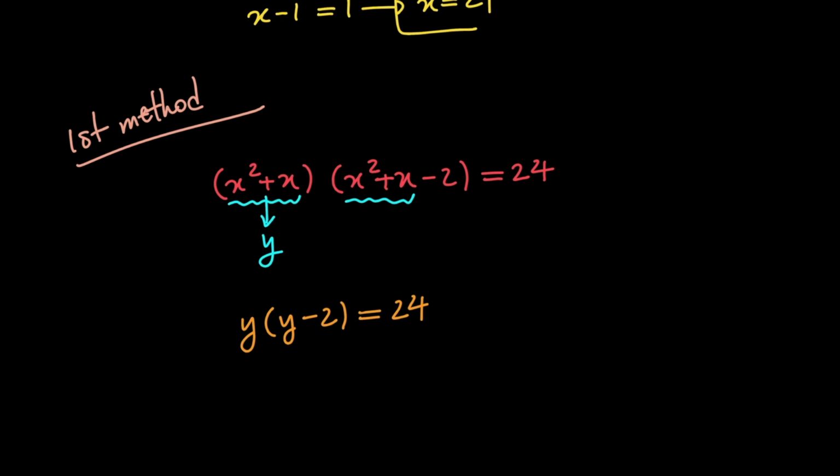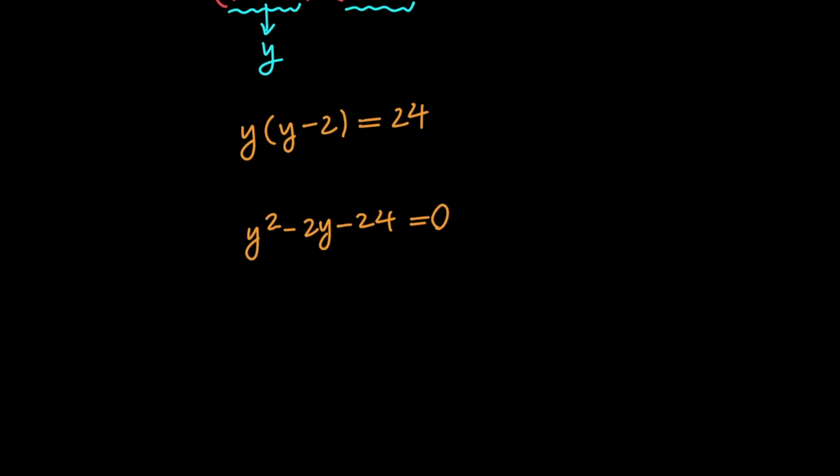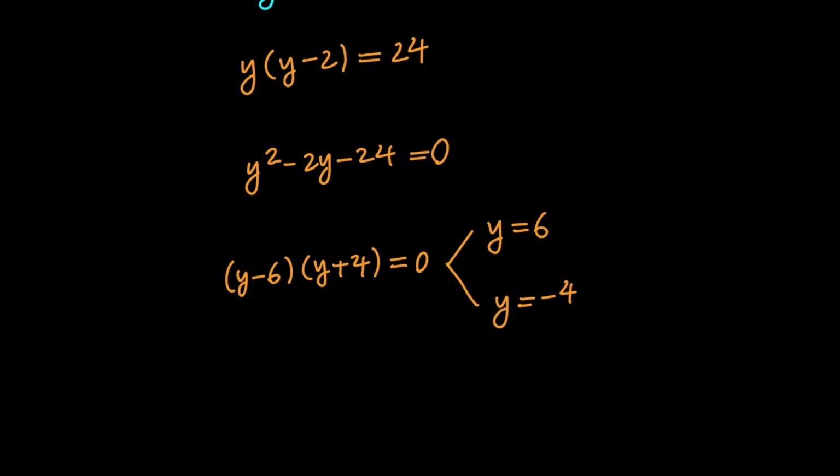From this, we're going to get a quadratic equation, y squared minus 2y minus 24 equals 0. And then we can solve this using factoring. So we can factor the left-hand side into (y minus 6) times (y plus 4). And then from this, we can say that y equals 6 or it equals negative 4.